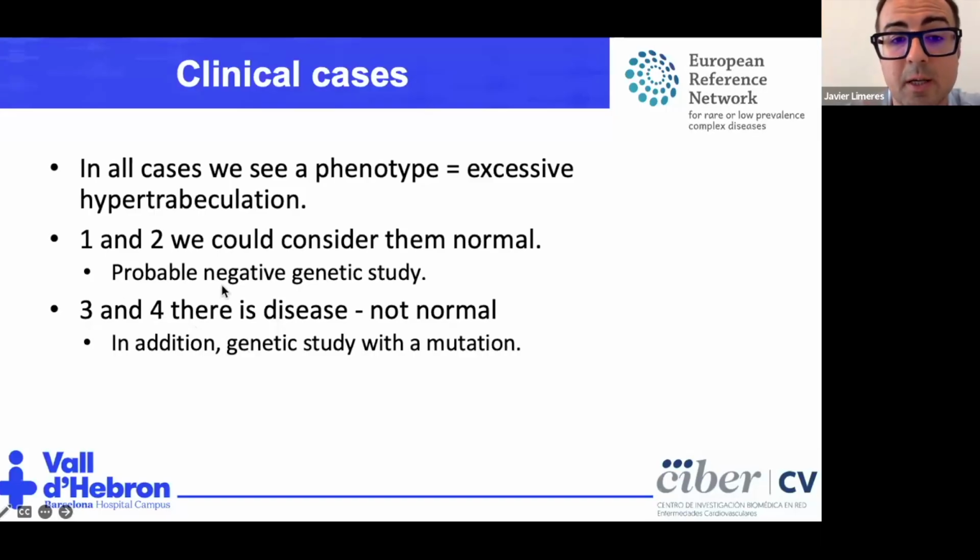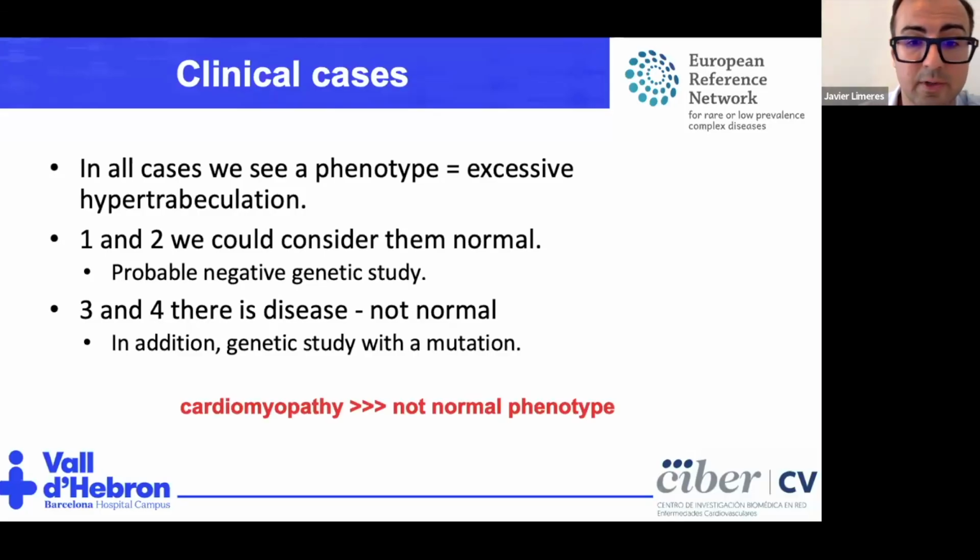Or perhaps it is because you need a different genetic test: if we are looking for genetic traits in the first and second cases, it's possible you need to look for other things in the DNA of these patients, different from what you are looking for in the third and fourth cases.